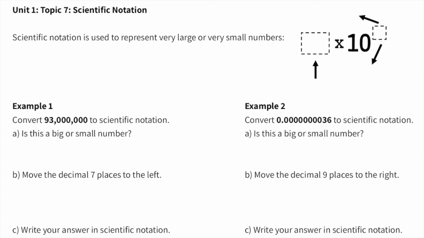For our first example, we're going to have a large number, and I'll show you how we can convert it into scientific notation. So let's say we have 8,700,000. That's a pretty big number, and in some cases we might want to write it in a smaller form.